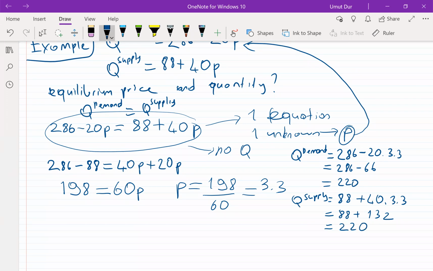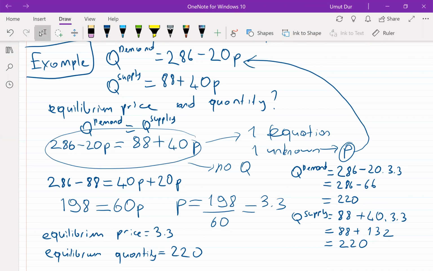So the answer is: equilibrium price is equal to 3.3 and equilibrium quantity is equal to 220. It is just the algebra.